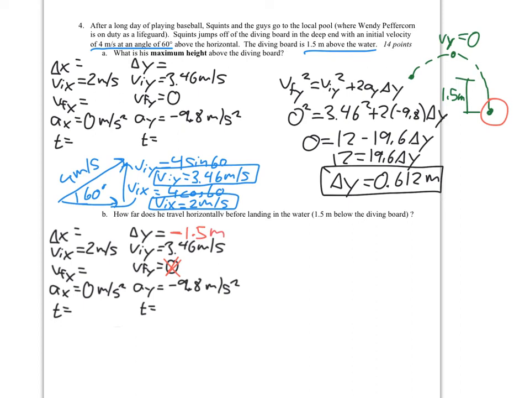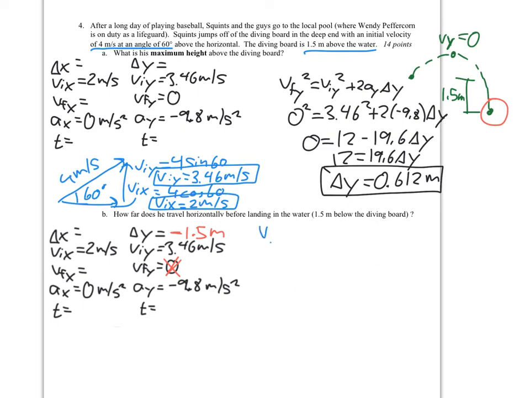So using the exact same setup, but with a delta y of negative 1.5 meters, I can go from there. In order to start this one, I'm first going to think about finding my time. I may recognize that this setup in my y direction will lead to a quadratic. So I'm going to first find my final y velocity and then use that to solve for my time.